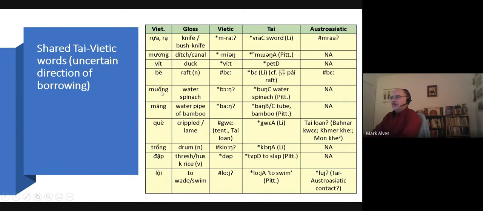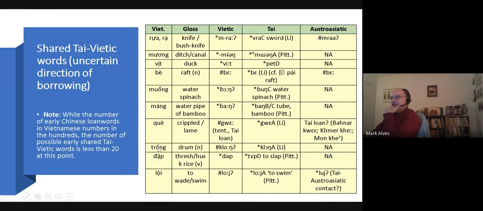Muong, Rao Muong, that's a very interesting one. And this one's very good. This is the Vietic form, and here is the Dai form, and the tone is pretty good. And Mang here for water pipe. It all looks very interesting. I think a very important one is Jam. Drum is, you can see here, they look fairly similar, and yet there's unexpected tone.